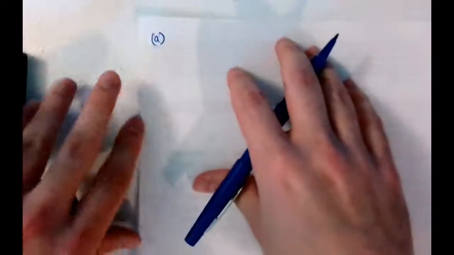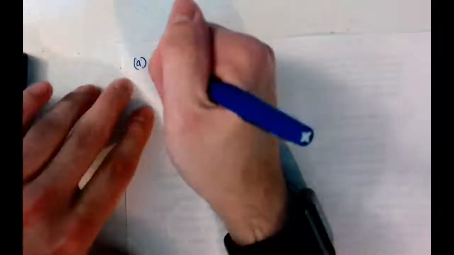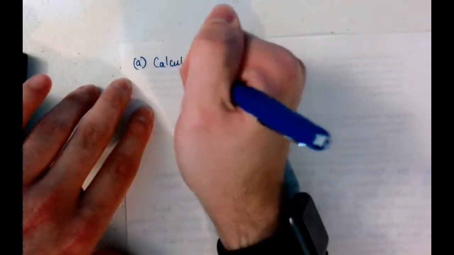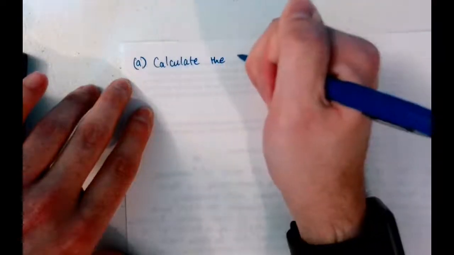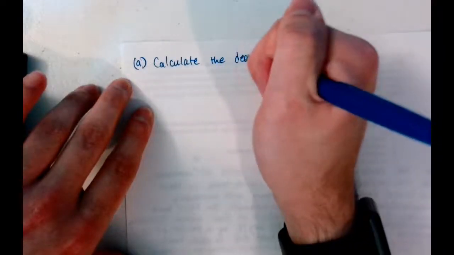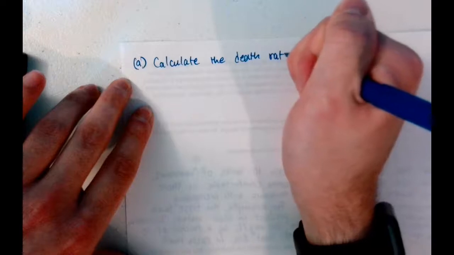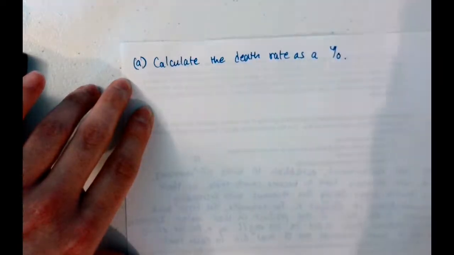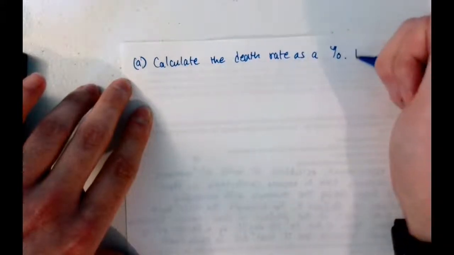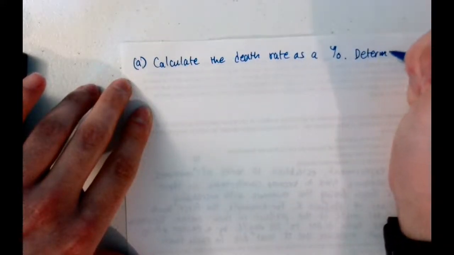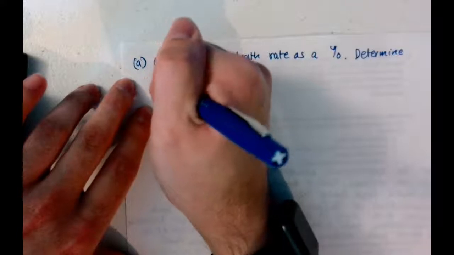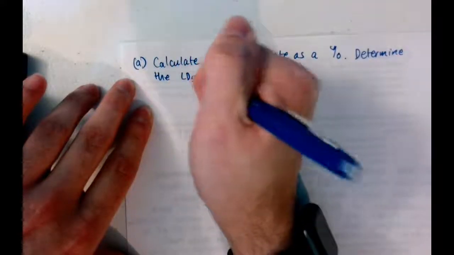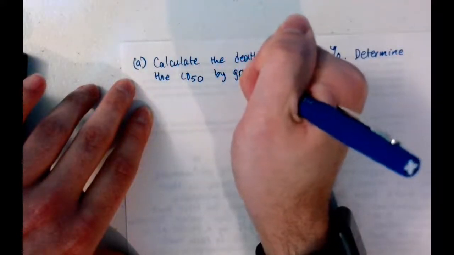Alright, so we're going to measure the number that die in each tank, calculate the death rate as a percentage, determine the LD50 by graphing the data.